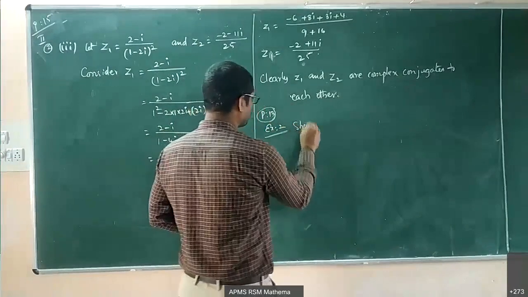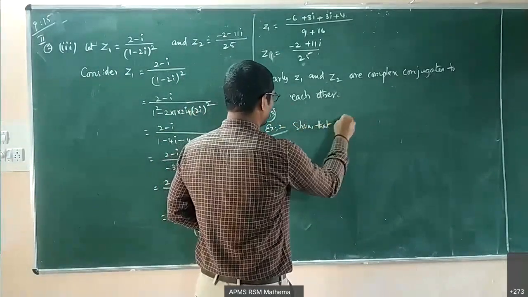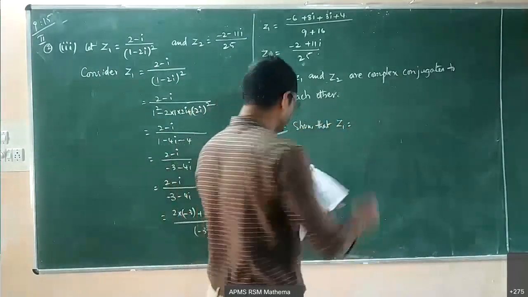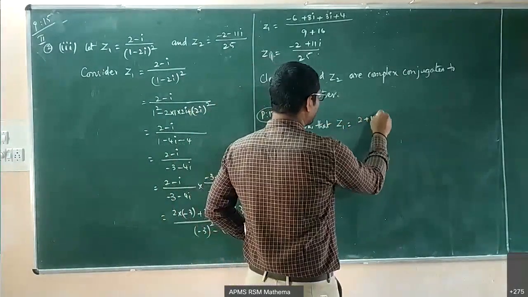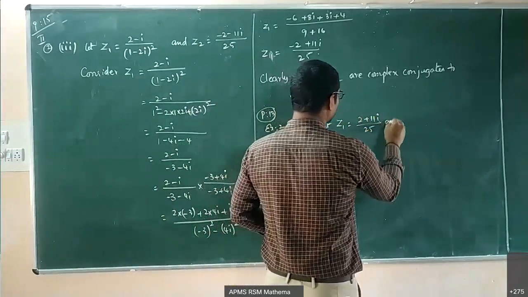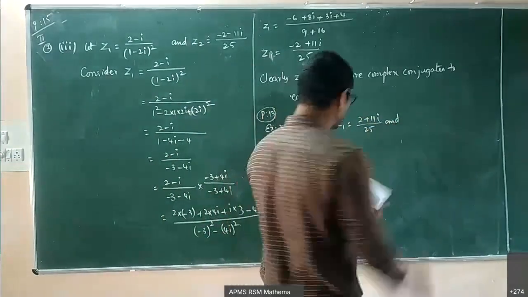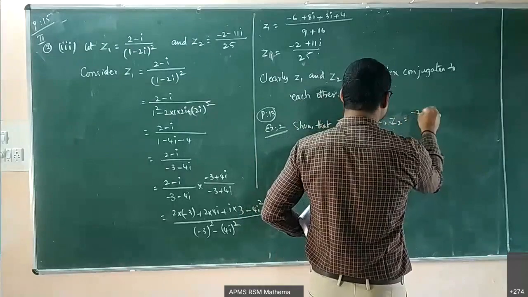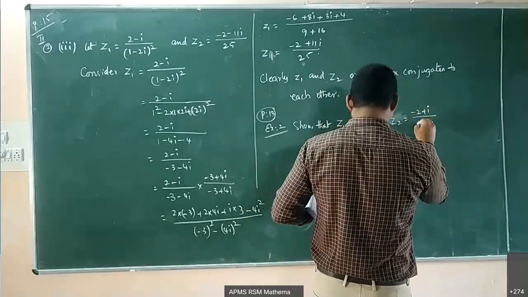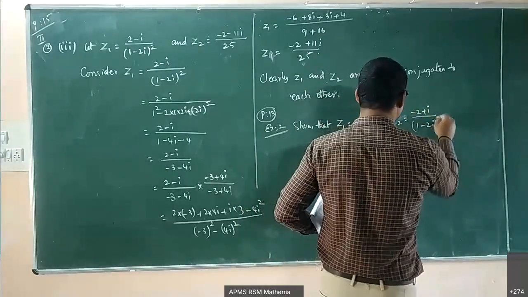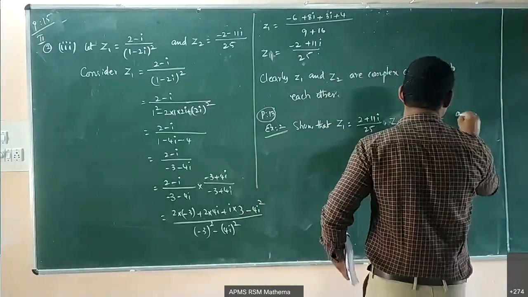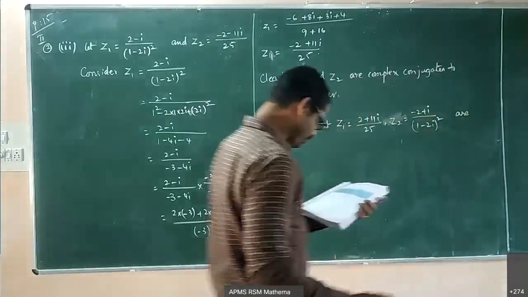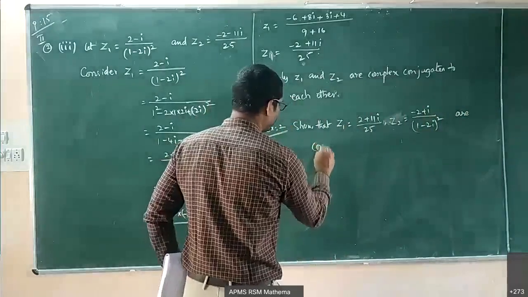Show that Z1 is equal to (2 plus 11i) by 25 and Z2 is equal to (minus 2 plus i) divided by (1 minus 2i) whole square are conjugates to each other.